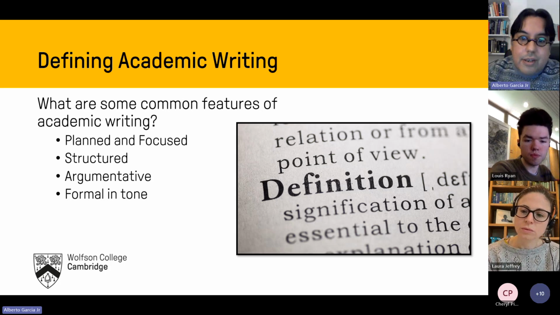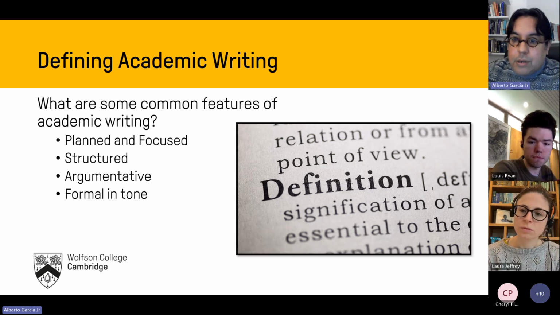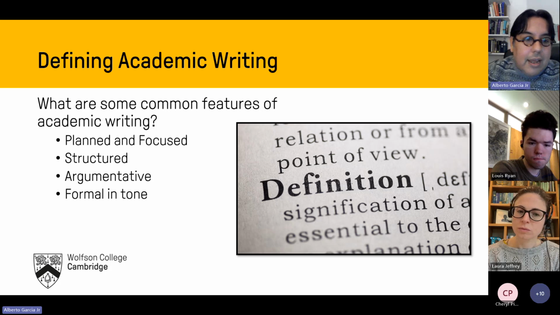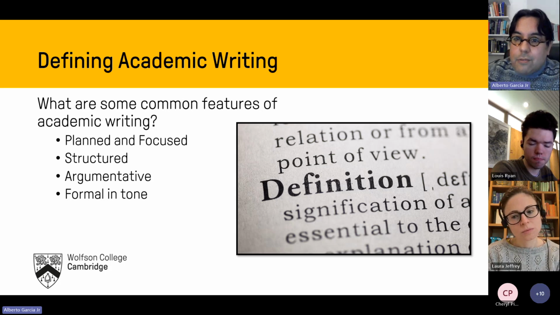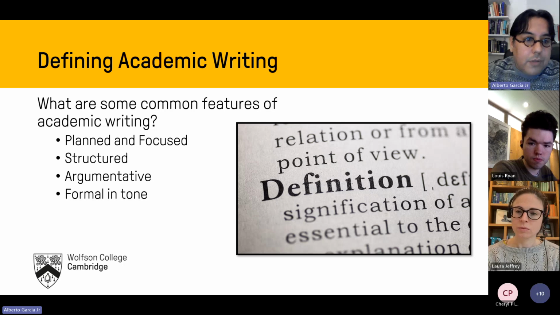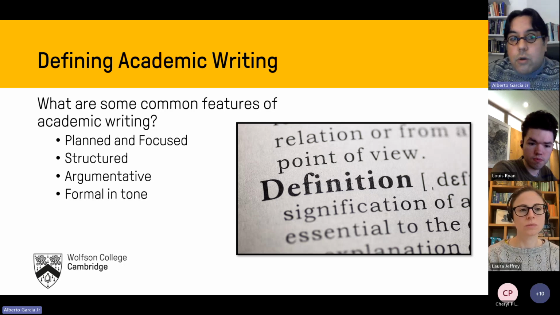It is structured, and I mean that it's coherent, written in a logical order, and brings together related points and material. It's also argumentative, and that means it's built up by evidence and reasoning, either from your own thoughts or incorporating the ideas of others to help support that. And it's also somewhat formal in tone. It uses the appropriate language and tenses, and it's clear, concise, and balanced.